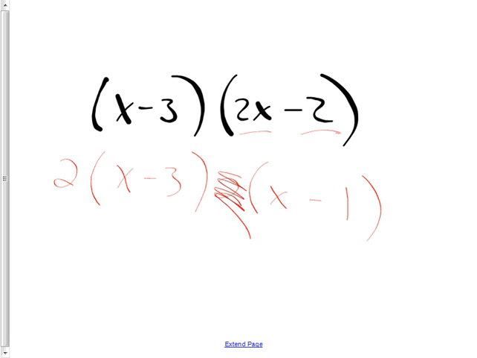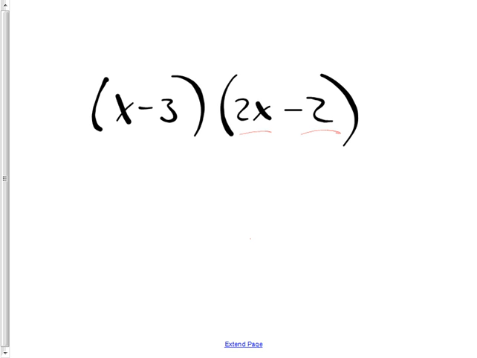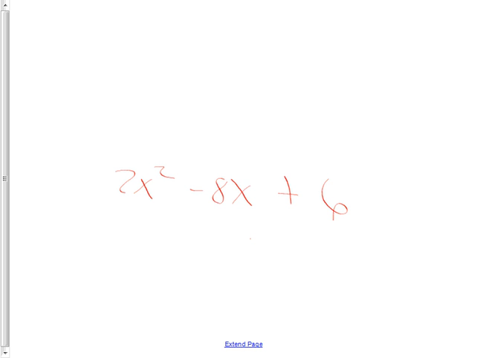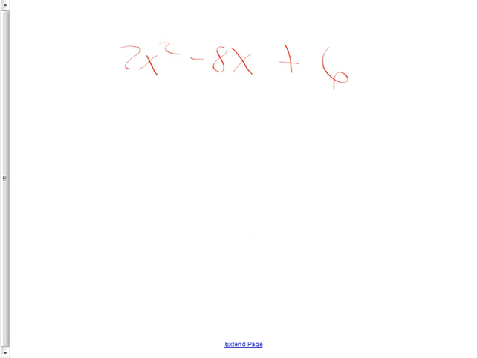All right. So then let's see what the original problem would have been. Original problem would have been 2x squared, and then the outside and the inside makes negative 2, negative minus 8x plus 6. That would have been the original problem. And what would have been smart to do right at the beginning of that problem to keep that from happening? If you'd just done something really quick and easy at the beginning, it would have made life so much better. Factor out the 2.